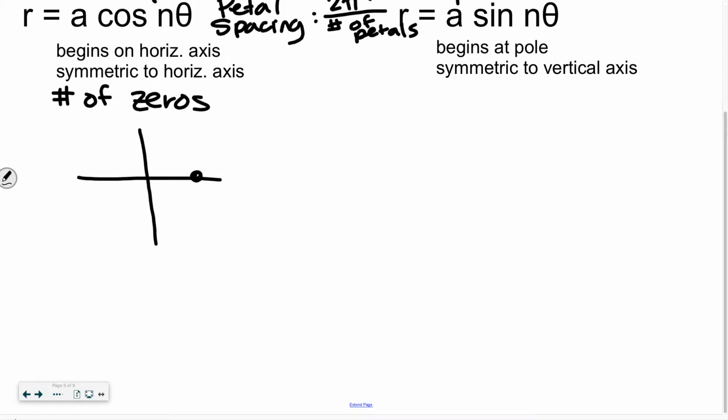There's 1, 2, 3, 4, and when I close that, I don't cross again, right? So I had 4 petals, and I had 4 zeros. So the number of zeros equals the number of petals.